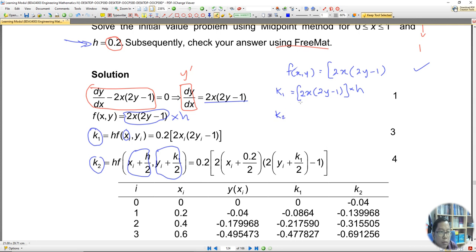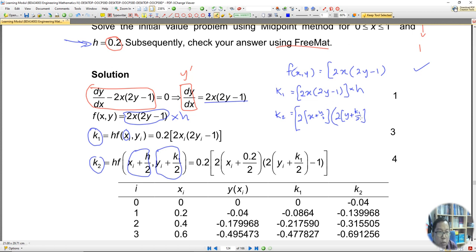For k2, all this x should be plus h over 2, meaning that it is equal to 2 times (x plus h over 2), multiplied by (2 times (y plus k1 divided by 2) minus 1).